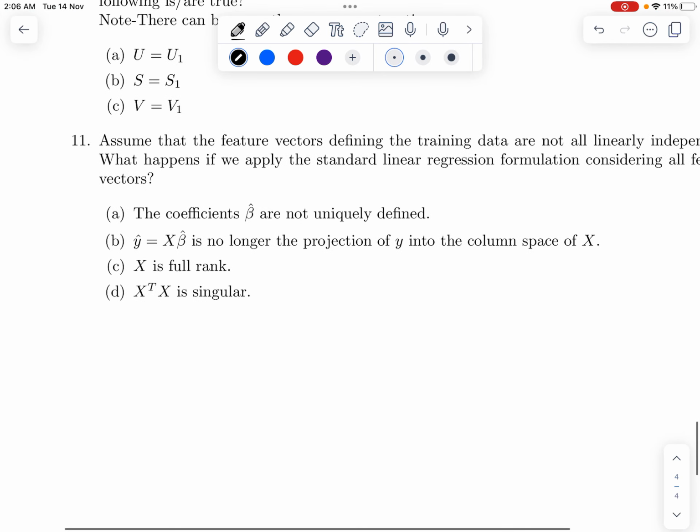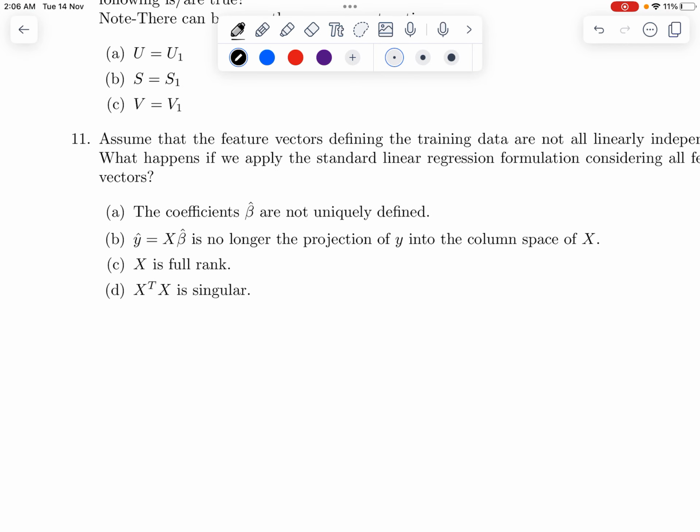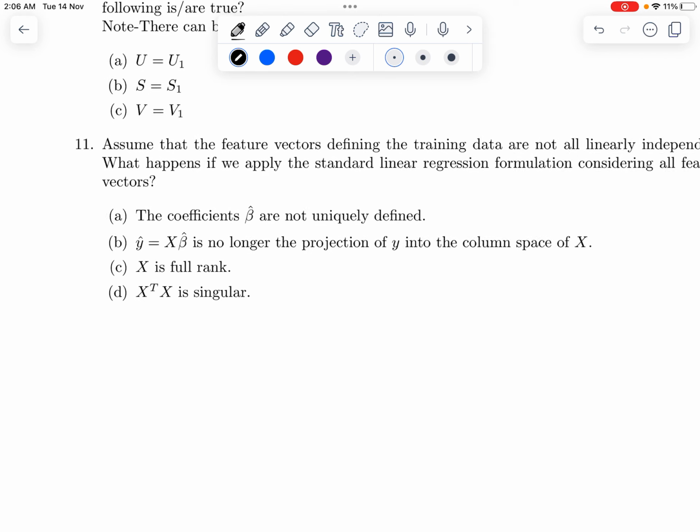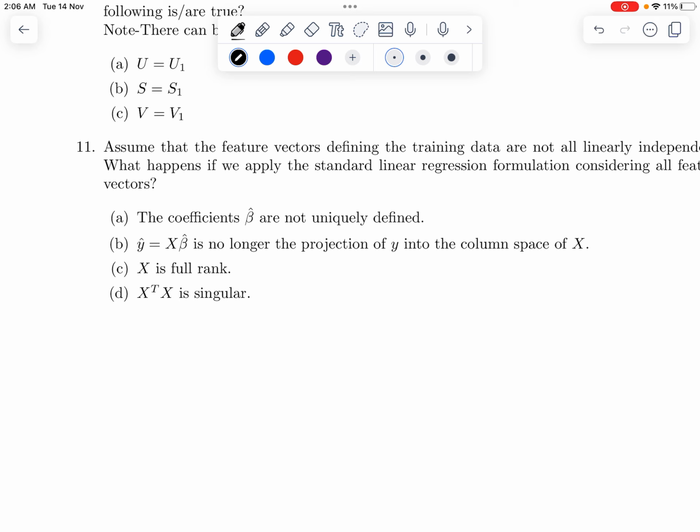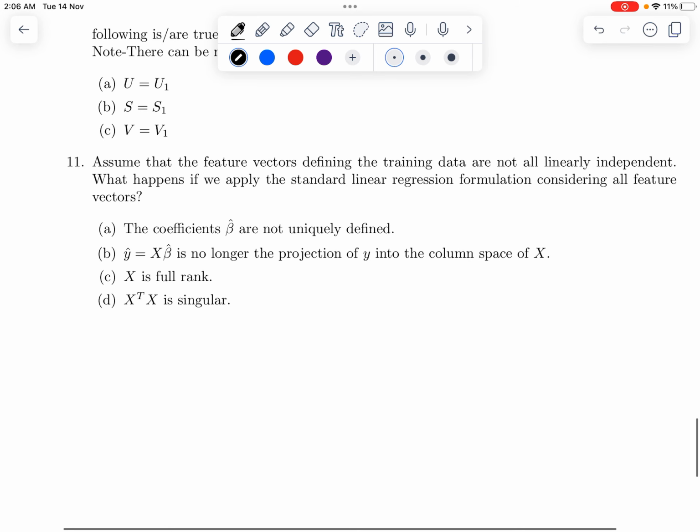Okay, let's look at this question number 11. Assume that the feature vectors defining the training data are not all linearly independent.